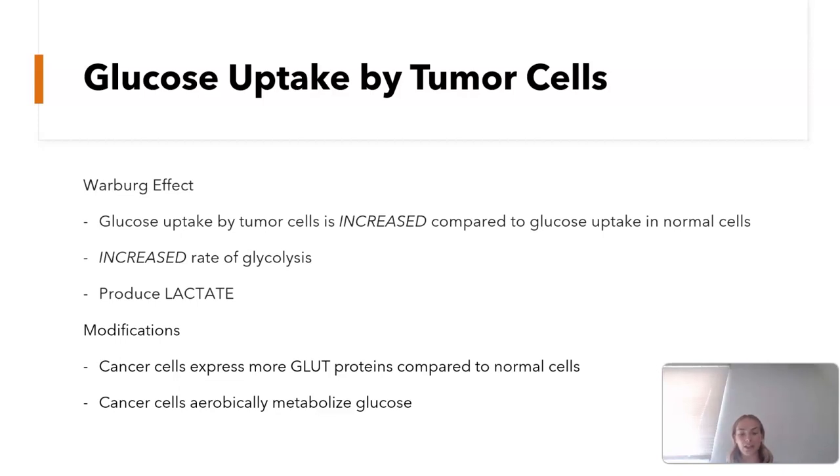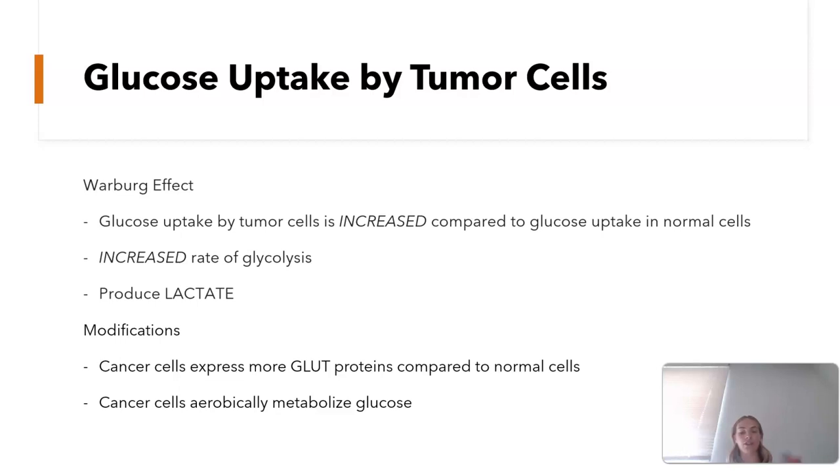And then in addition to this, cancer cells also aerobically metabolize glucose. So even in the presence of oxygen, cancer cells convert pyruvate to lactate, which is different than normal cells where they oxidate pyruvate.